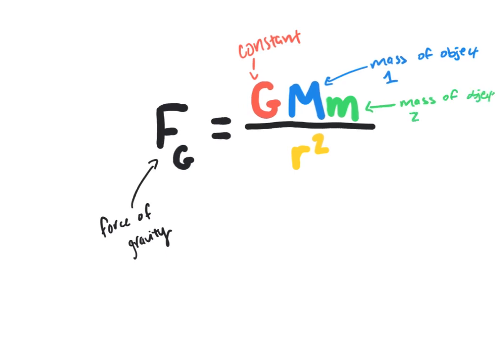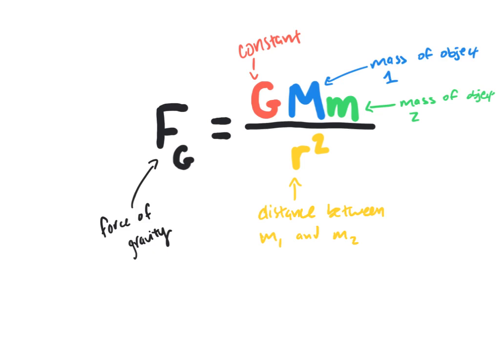Finally, that is going to be divided by the distance between the centers of mass of the two objects. So I'm going to just call that distance between M1 and M2. Now, in your equation, you had hopefully this relationship between the force of gravity, the mass of object 1 and the mass of object 2, and the distance between mass 1 and mass 2.